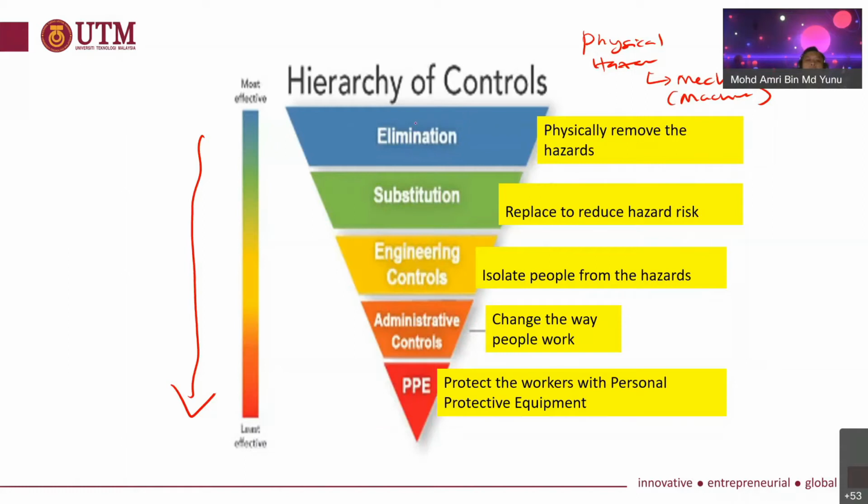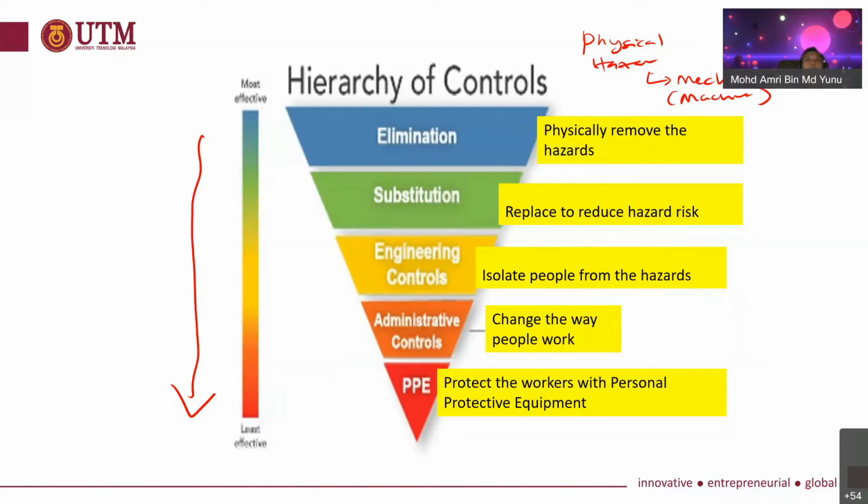If we eliminate that process, that means we do not do that process in our manufacturing place. Perhaps we outsource. And for substitute, we use a different method rather than stamping.